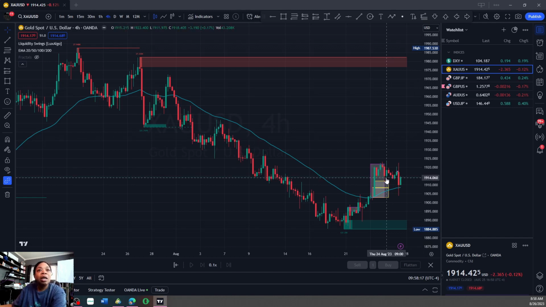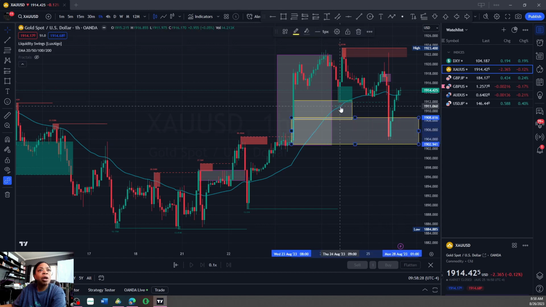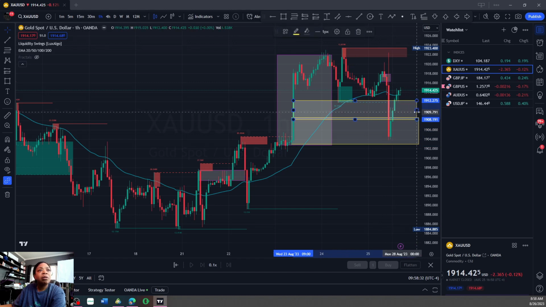But looking at the trend at the beginning of next week, let's see what we get for gold. Even as those candlesticks played out throughout the week, it went down and it still respected the demand zone that's here.